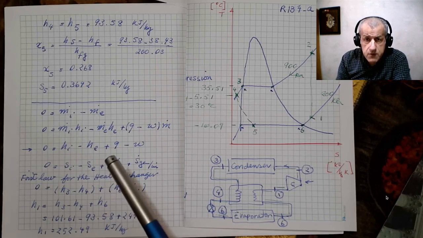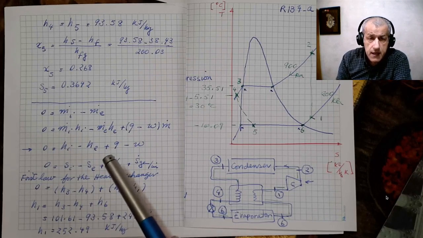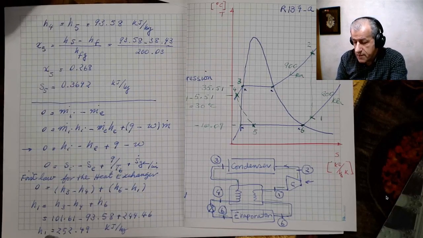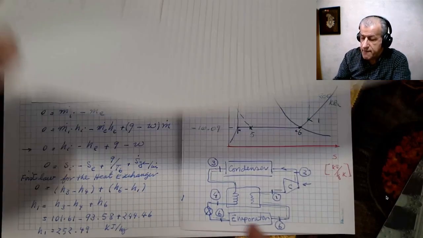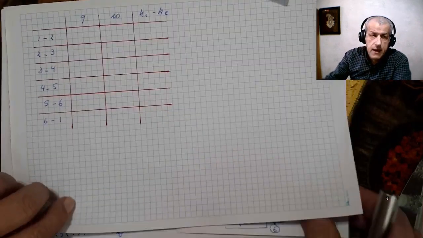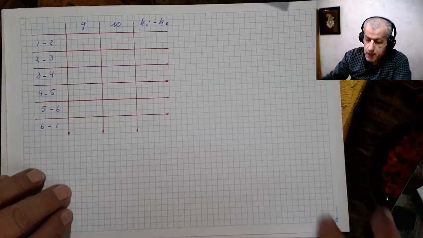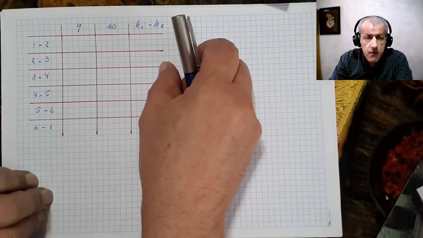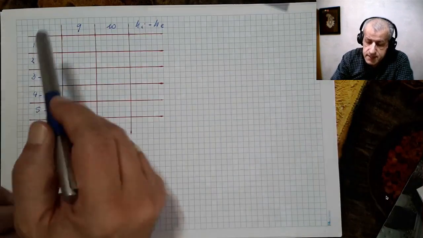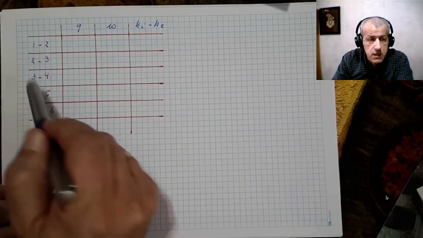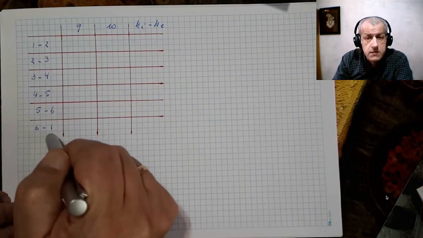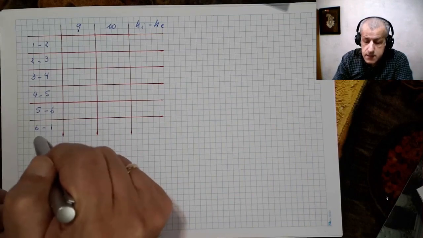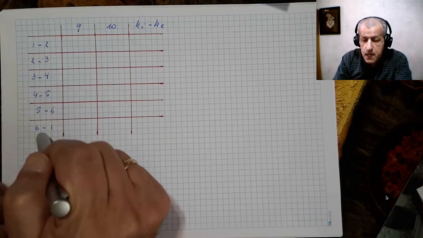It would be a very good practice to draw another table, which I have done here, and write down Hi minus He for the individual processes 1-2, 2-3, all the way to 6-1. So this is all the processes in the cycle.